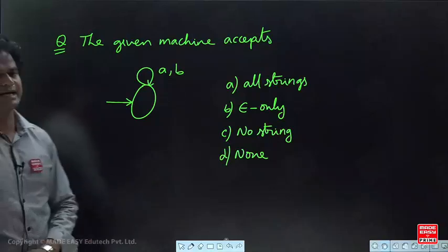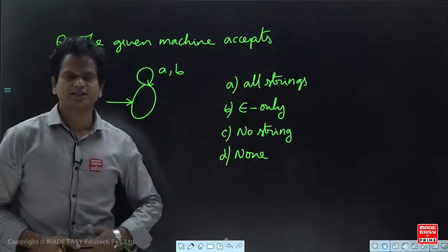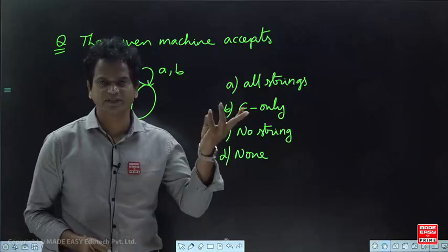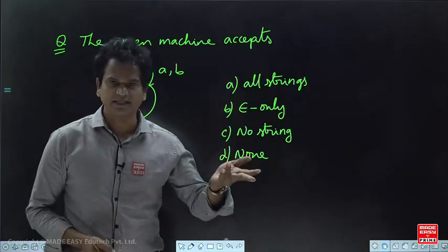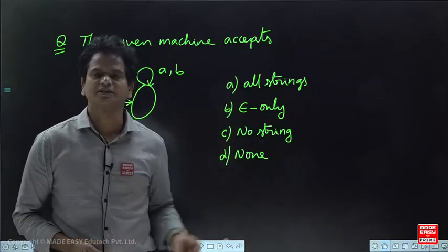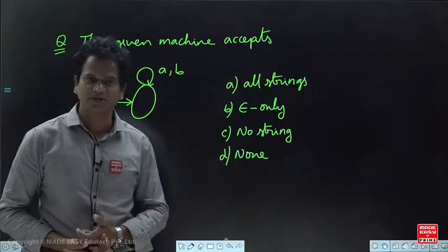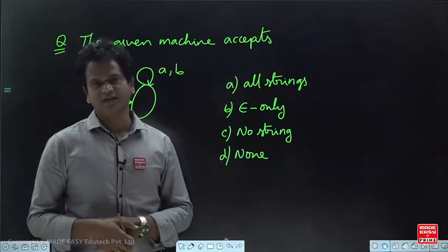The given machine accepts. So yesterday I told you what acceptance is. Yesterday we covered the basic definition of finite automata, its structure, the applications of finite automata, and how a string is said to be accepted by a finite automata. Then I went on to NFA and DFA.